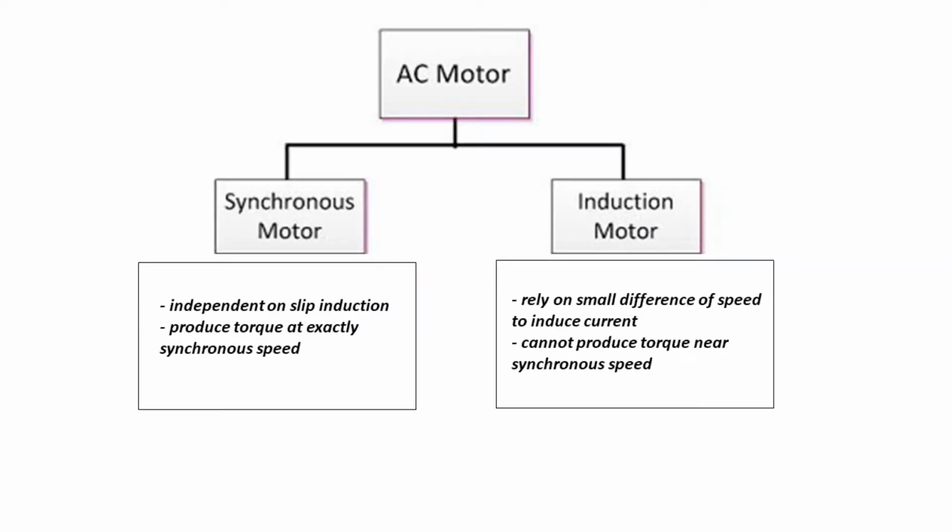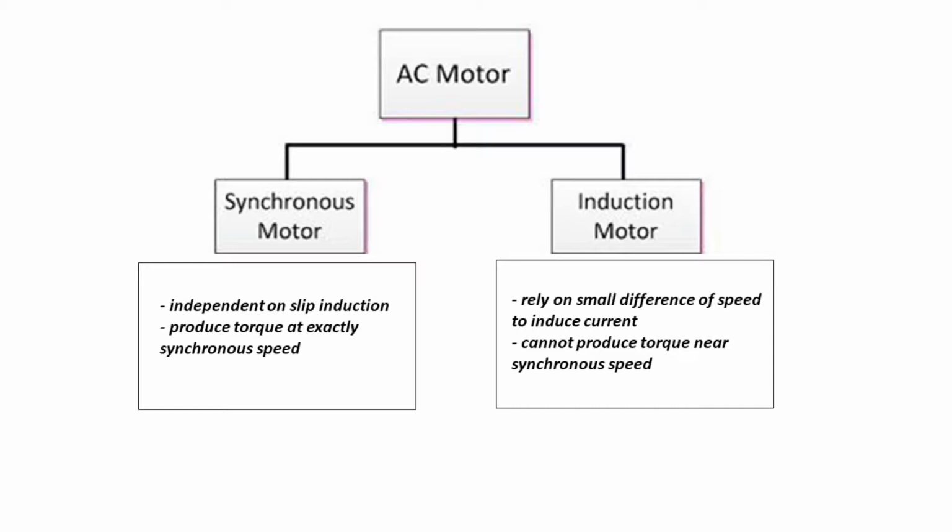There are two types of AC motor, which are induction motors and synchronous motors. The induction motor always depends on a small difference in speed between the stator rotating magnetic field and the rotor shaft speed to induce rotor current in the rotor AC winding.